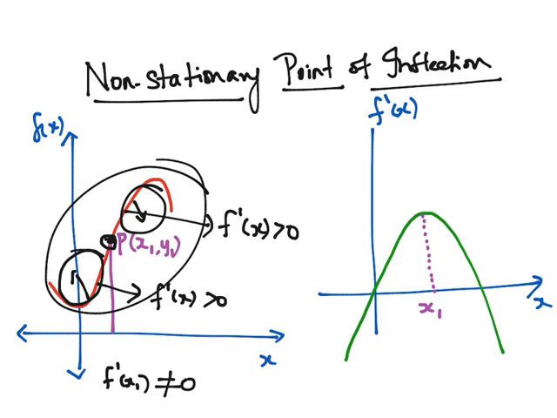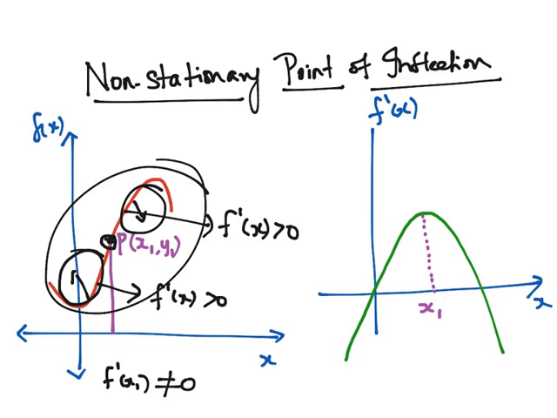Okay. Now we also notice that at a stationary point of inflection, the second derivative will be 0. So is it true for a non-stationary point also? Definitely. Now look at this diagram. Here the green colored curve gives you the graph of f dash of x.